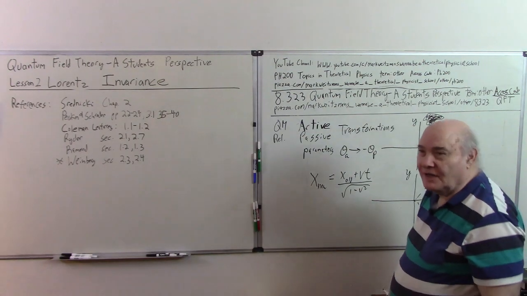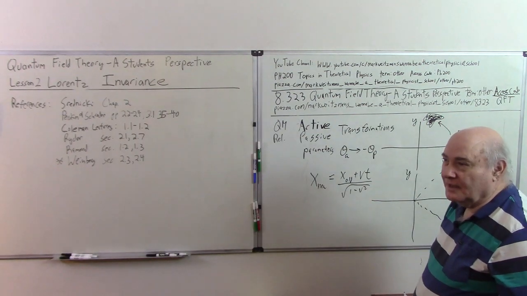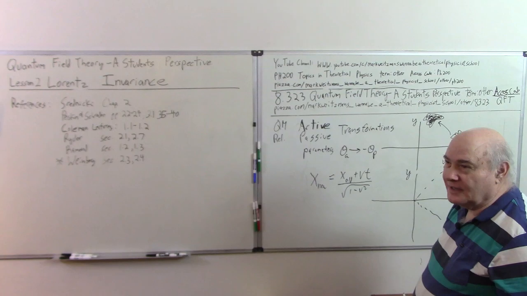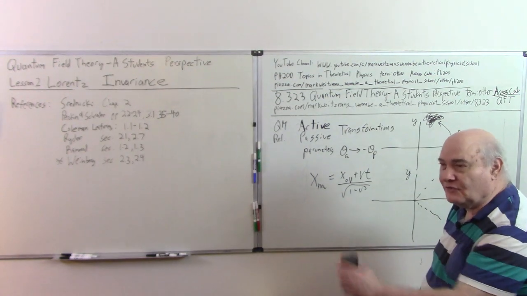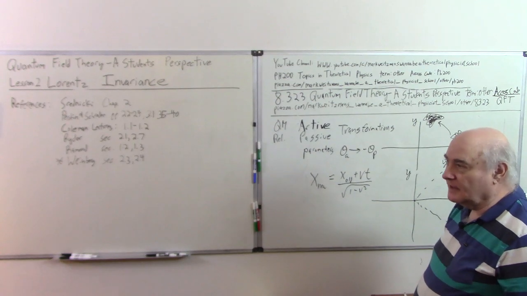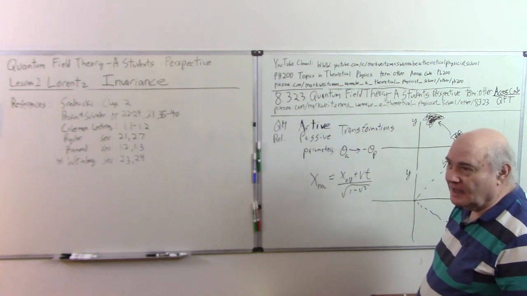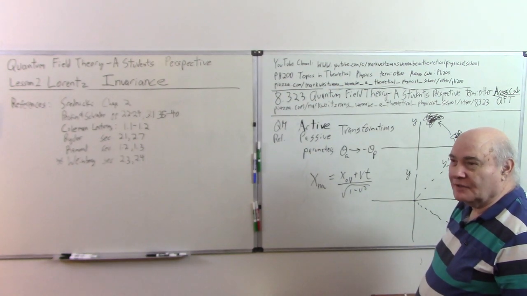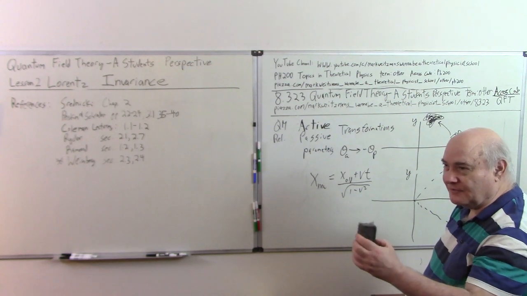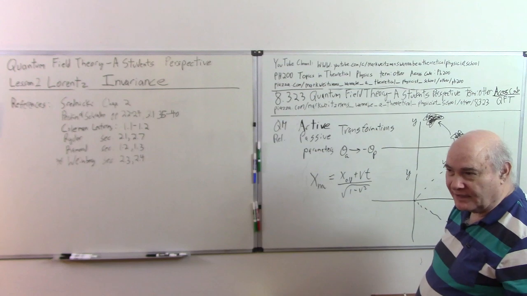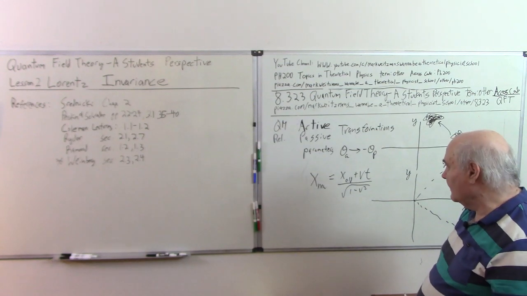So a lot of times, when we talk about a boost in an active transformation, we literally mean we're boosting it, we're moving the system. Whereas in special relativity, we're really boosting the observer. When you boost the observer, the particle that was at rest now looks like it's moving in the negative direction. So you can see how the parameters are related.